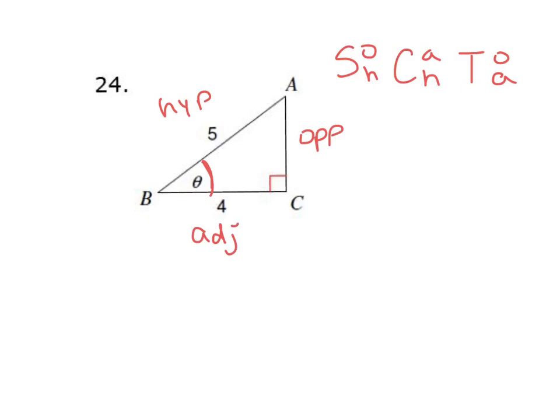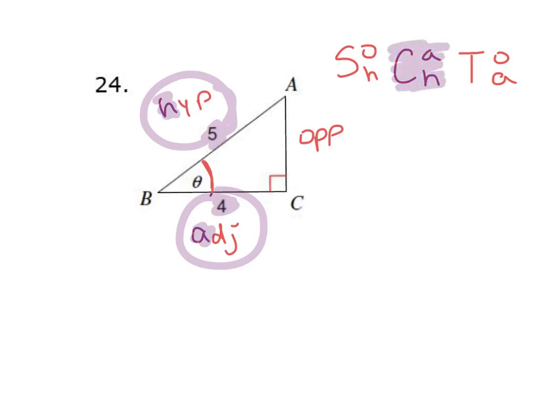From here, I'm going to go ahead and circle what I know. So I know my hypotenuse. I know my adjacent. H and A, that is cosine. So cosine of theta is equal to my adjacent, which is 4, over the hypotenuse, which is 5.